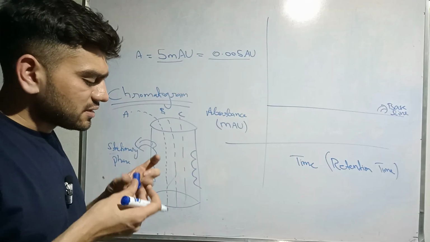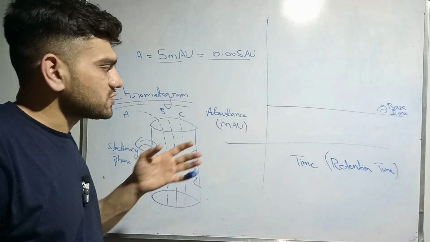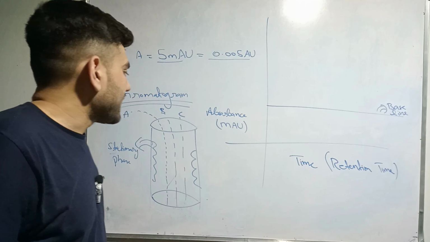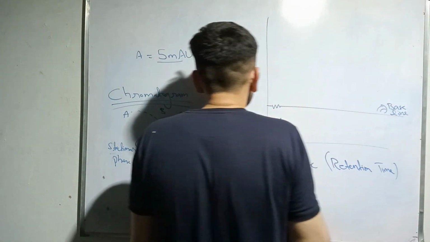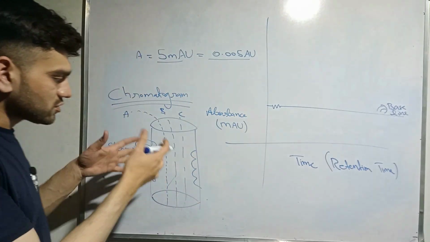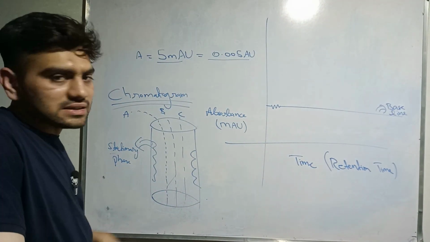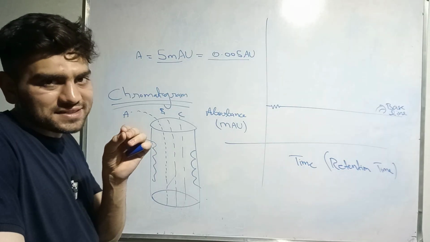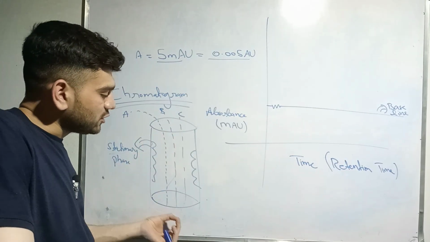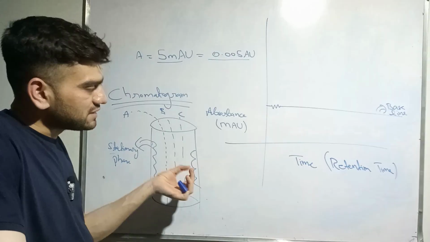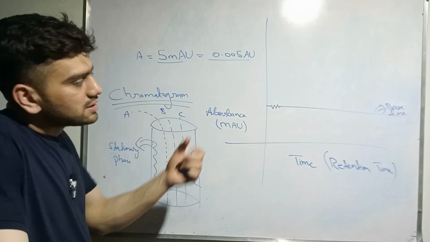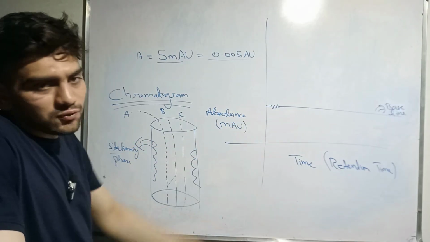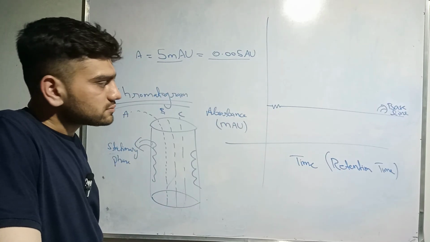Therefore the absorbance line also has some absorbance value at the start. And at the start some winding is also here, because when we pass the sample through the HPLC column, the solvent present in our sample will elute first, and due to this elution of the solvent, some winding of the baseline will come here.